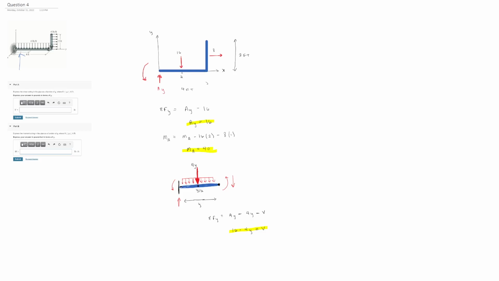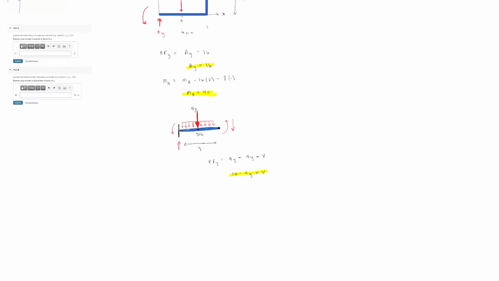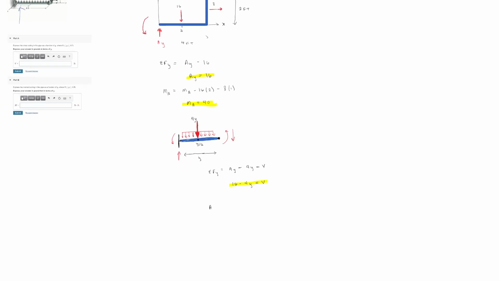Alright? Now to find the moment, you have your Ay, which is Ay times y, because that's the distance. And it's going to be negative. The reason it's going to be negative is because it's going clockwise. You have your 4y times your distance, which is 1/2 of y, 1/2 times y.